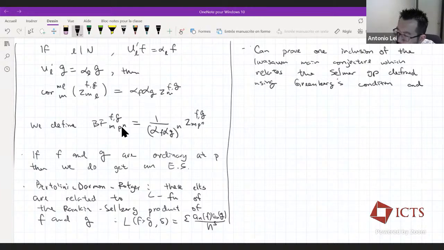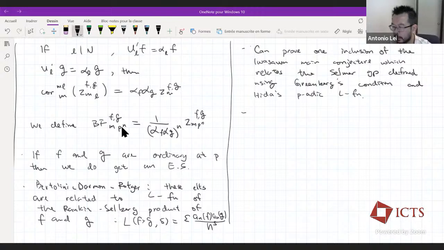On the algebraic side, you have some Selmer group where the local condition is given by Greenberg's local condition. And then on the analytic side, we will have the Hida p-adic L-function.